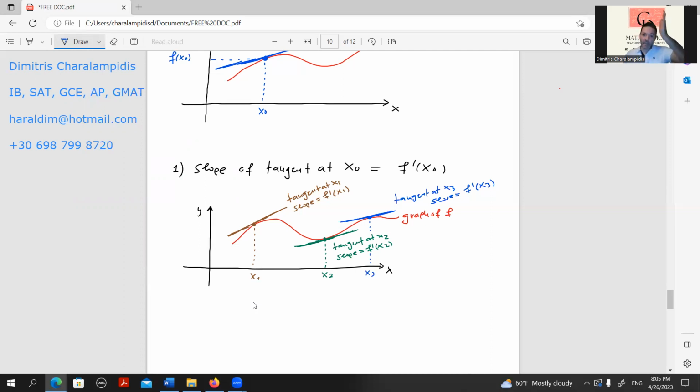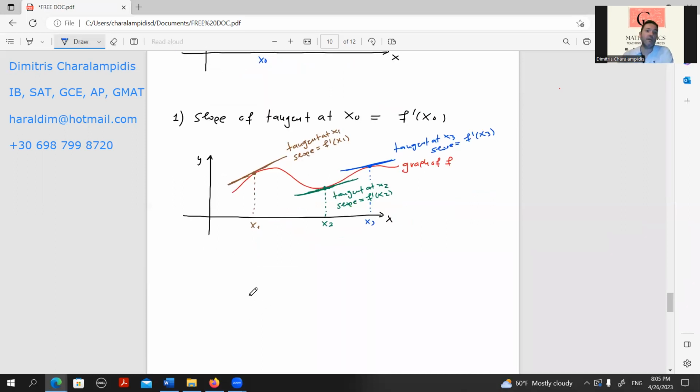And if the line is perpendicular to the x-axis, it is expected to have a slope that is undefined. But in any case, any line, so therefore any tangent, will have a slope. So we will be able to find or not, in case it's undefined, the f derivative at that point.